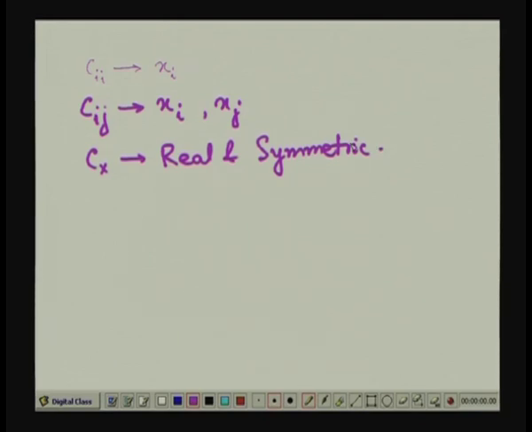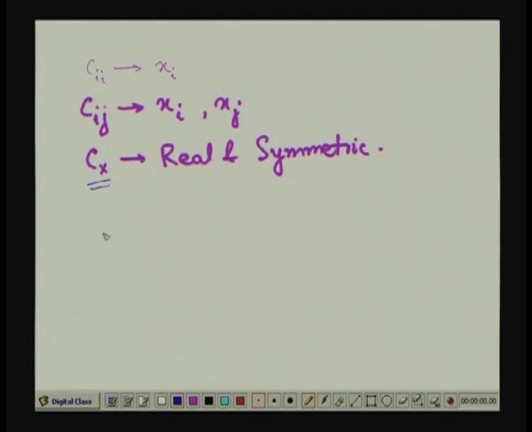Because this covariance matrix Cx is real and symmetric, we can always find a set of n orthonormal eigenvectors of this covariance matrix Cx.